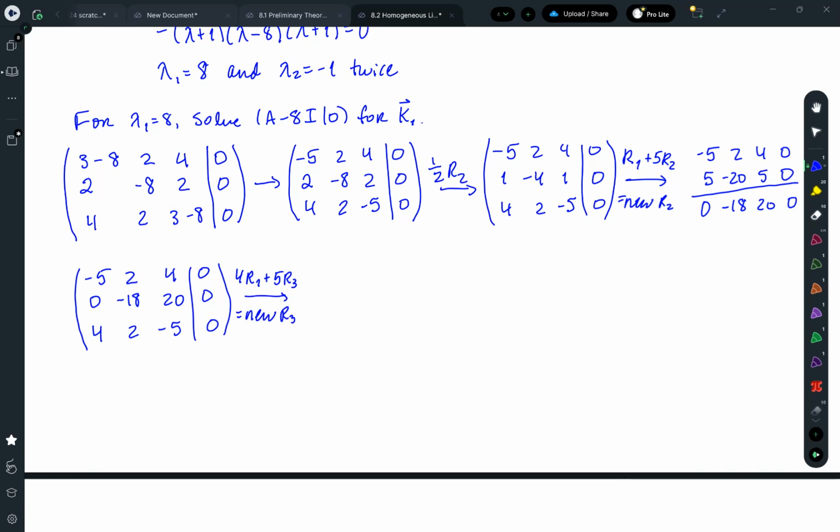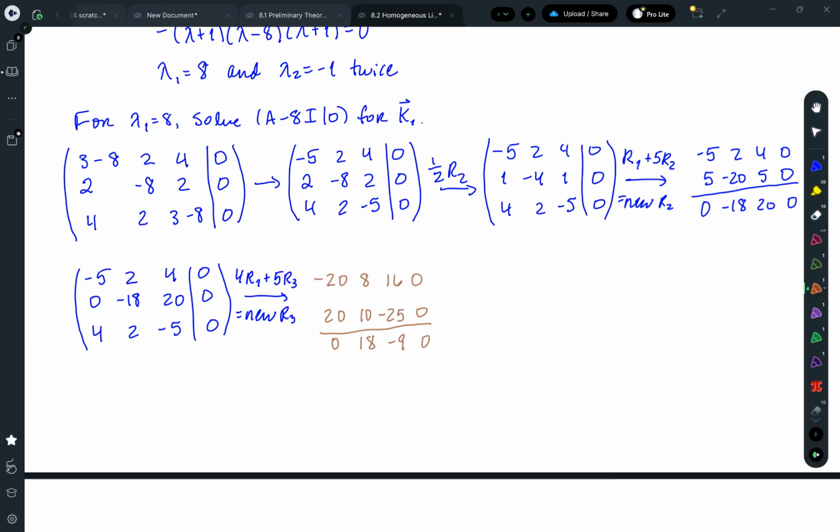So the math on that: 4 row 1 would give me negative 20, an 8, a 16, and a 0. And then row 3 times 5 will give me 20, 10, negative 25, and 0. When I add columns, I get 0, 18, and then that looks like a negative 9 and 0.